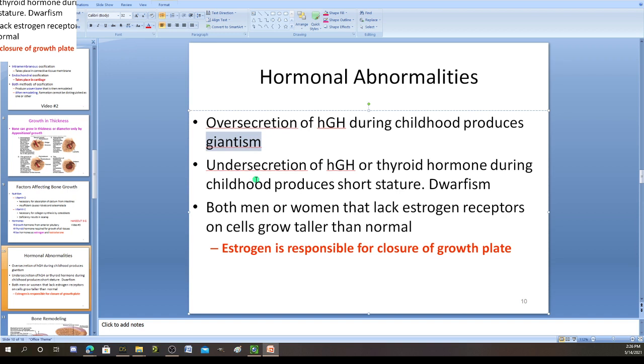So you get a person of really large stature because they're oversecreting human growth hormone. If we undersecrete human growth hormone, we get a condition called dwarfism, a person that's shorter and smaller than normal, and that's because they're not making enough human growth hormone.